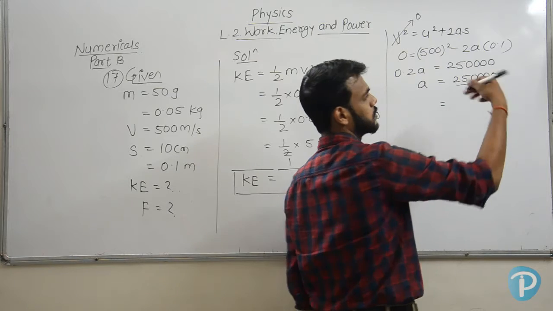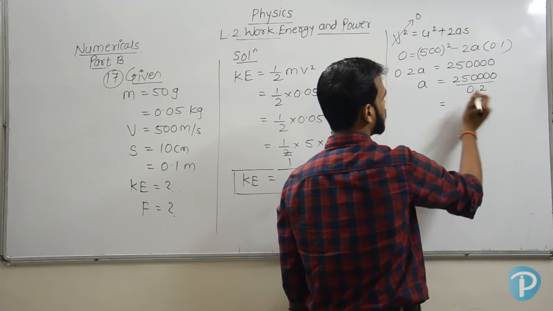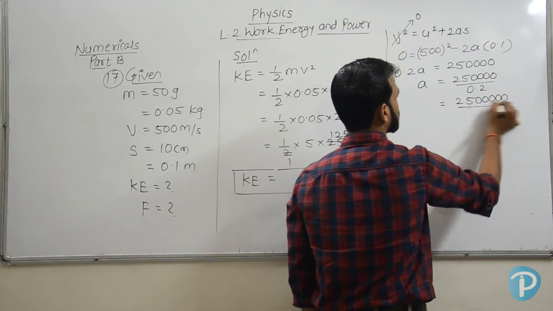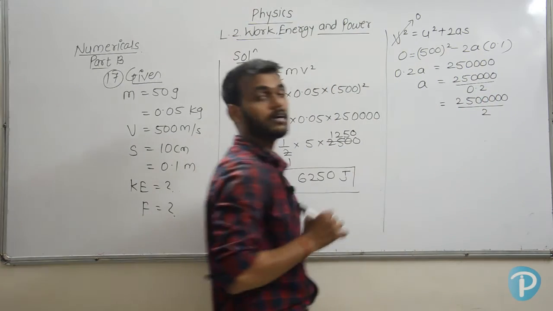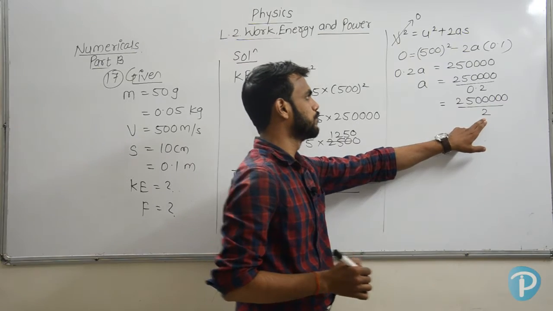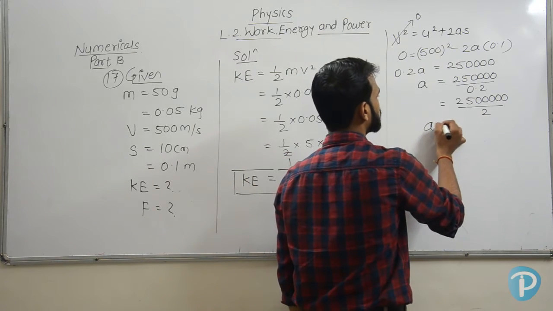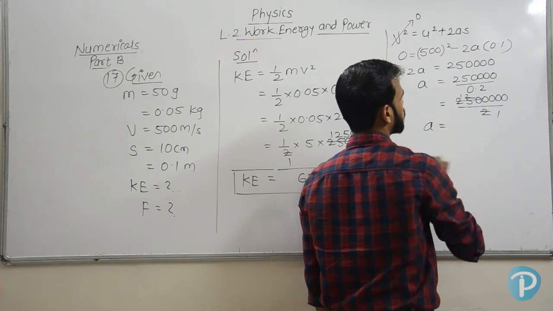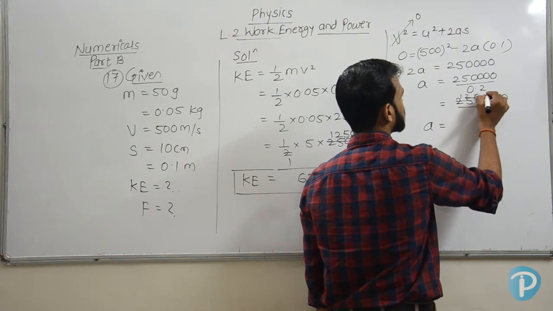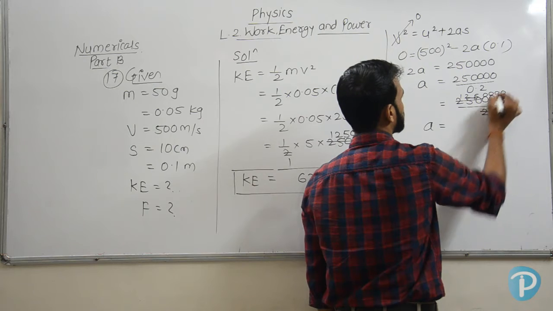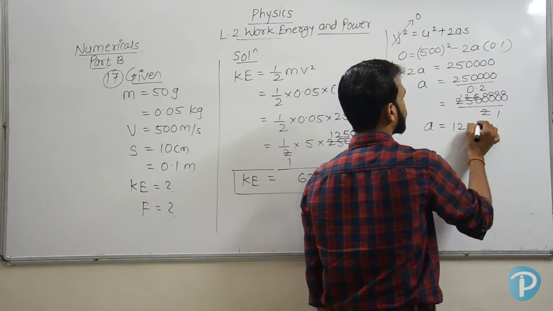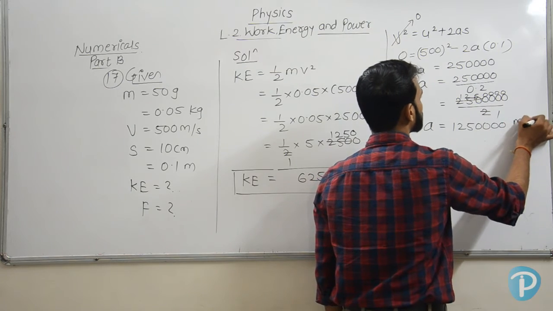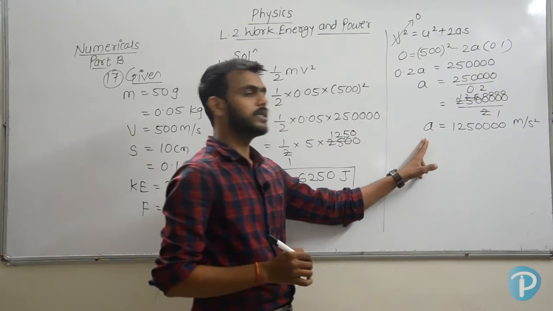Again we have to shift a decimal from the denominator, so it will be 5 times 0, and this will be 2. Now we have to divide this number by 2. So acceleration a will be 2 ones are 2, 2 twos are 4, 2 fives are 10, and these zeros will be as it is. So we have 125 with 4 zeros, meter per second square, as retardation.